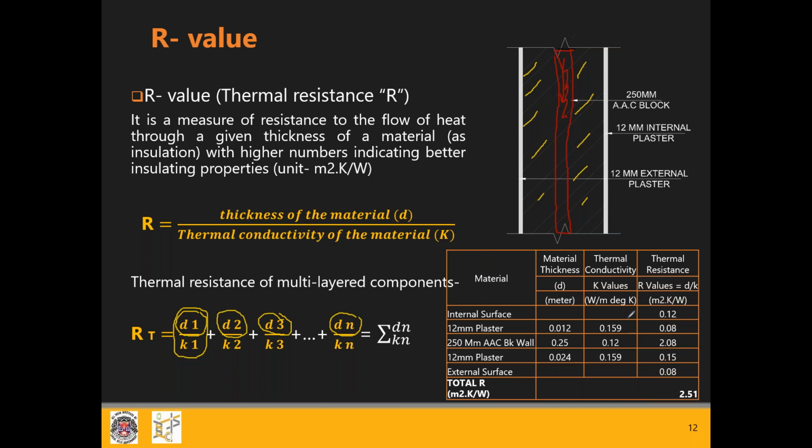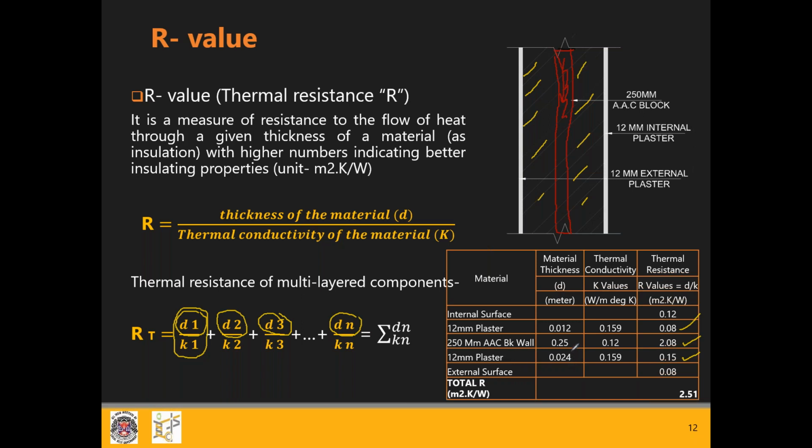Just ask the supplier for the K values they can provide you, and then it's just a matter of 0.012 divided by 0.15. That gives you this value. Similarly, you calculate the same for the 250 AAC block.